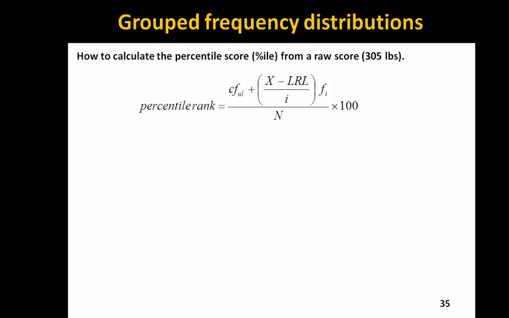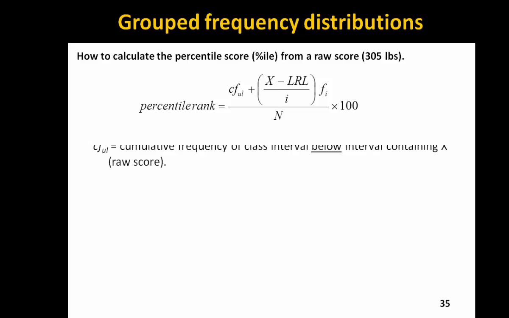This is a new equation to determine the percentile rank, where CF, once again, is the cumulative frequency of the class interval below the interval containing X, which is the raw score. X is the score of interest.